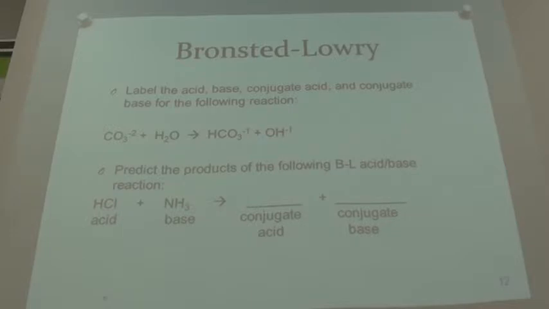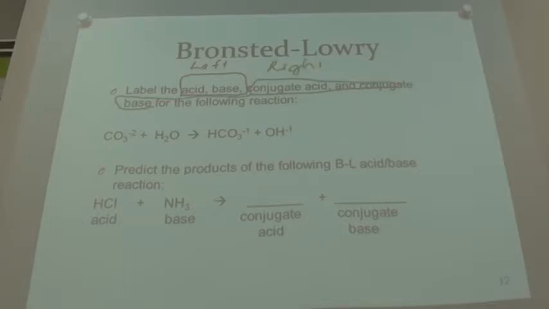Here we go. So we're going to label the acid, the base, the conjugate acid and the conjugate base. We know the acid and the base need to be what side of the equation? Left. And we know that the conjugate acid and the conjugate base are going to be on the right side.